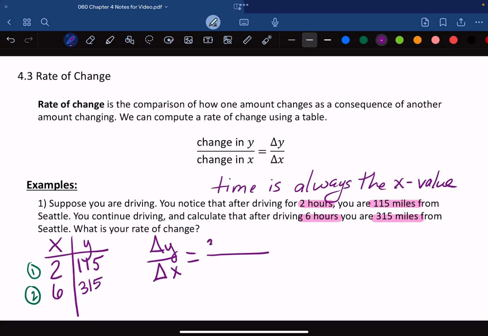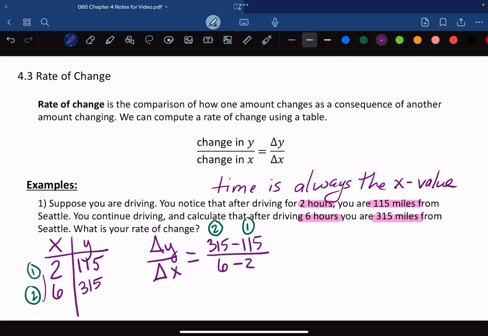So I'm going to take the 315 and subtract the 115. And I'm going to make note of that here, that I'm using the second value point in the front and the first value point here. So that when I find the change in x, I'm going to put that here.